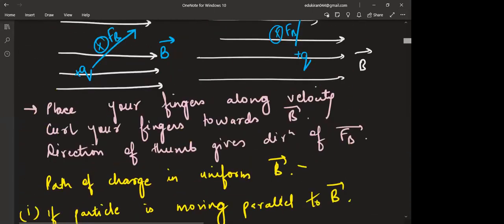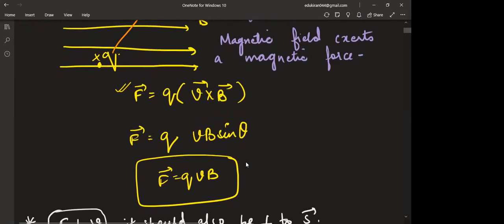Regarding this path, I'll tell you first. Just note down these three lines, the formula, and make the heading as magnetic force. Write down these three headings.